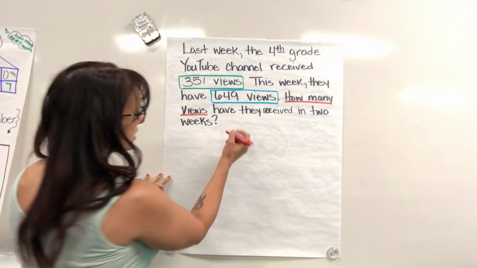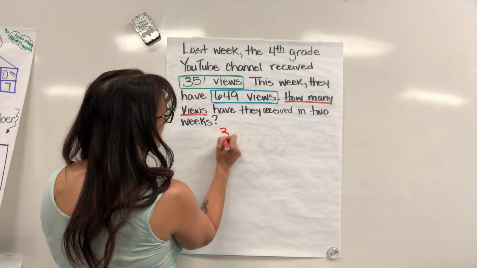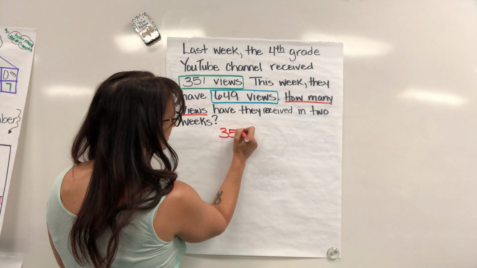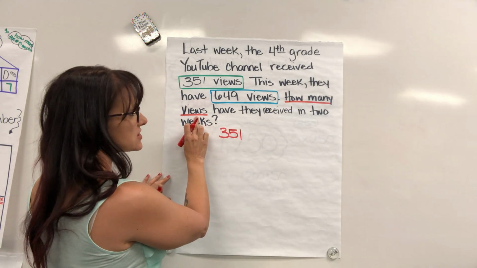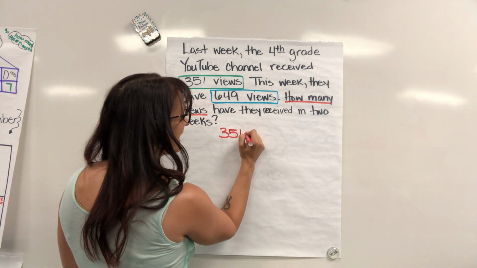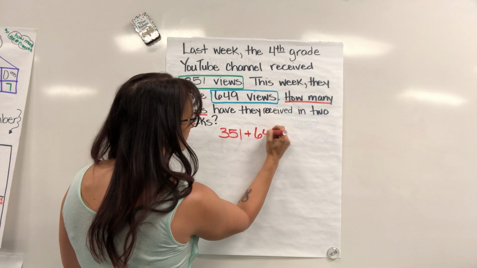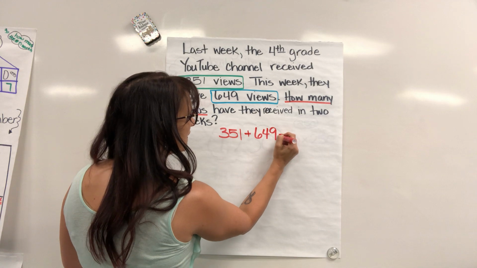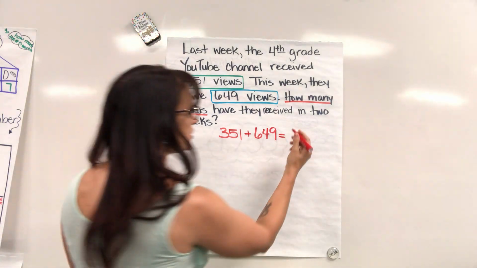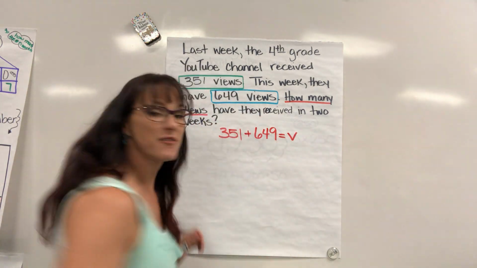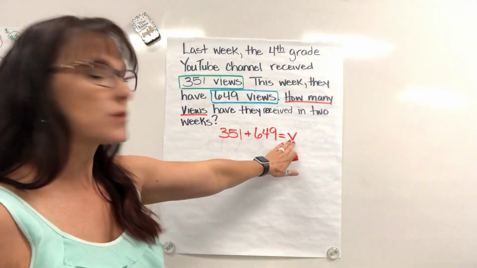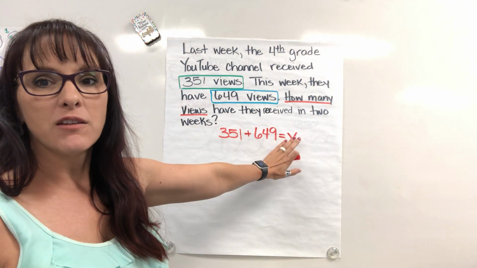So I'm going to start with 351. I already know that I need to know how many, so I'm going to be adding this amount in. And that's going to give me the number of views that I'm looking for. So I'm going to use a V to represent my views.